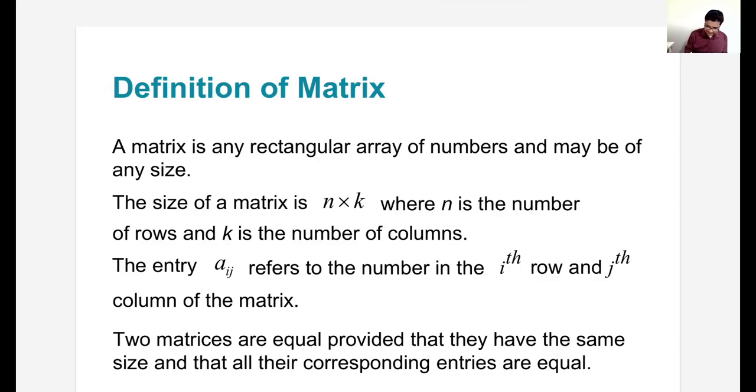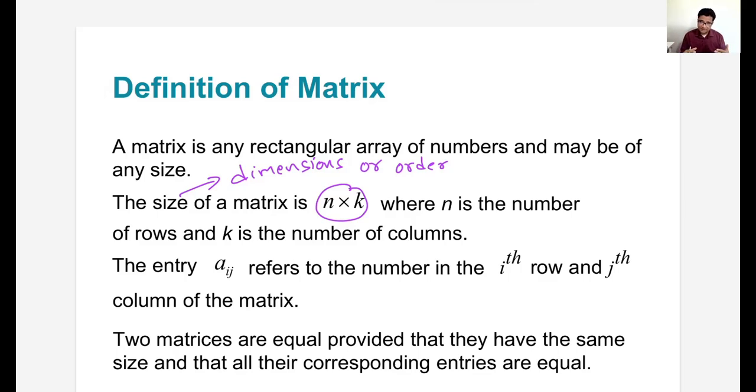How do you identify? We talk about something called size, which is also called dimensions, plural, okay? Because there are two things, rows and columns. You call it dimensions or order. All of these are synonymous words.